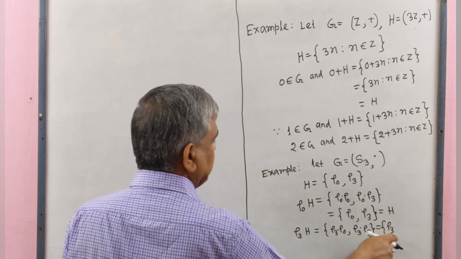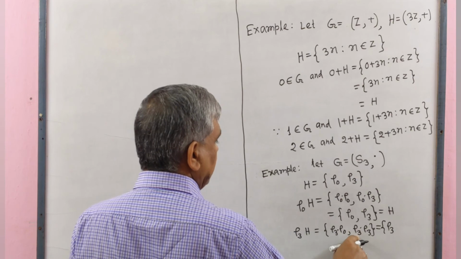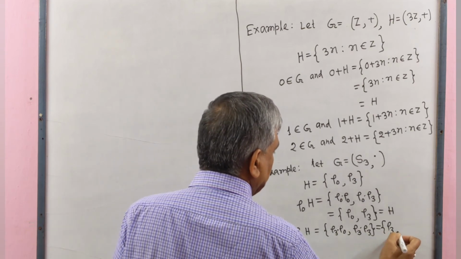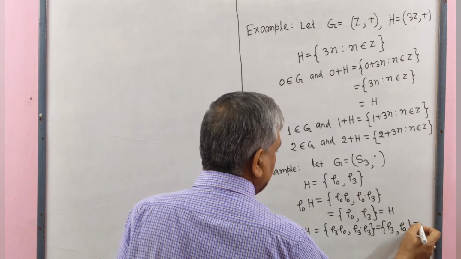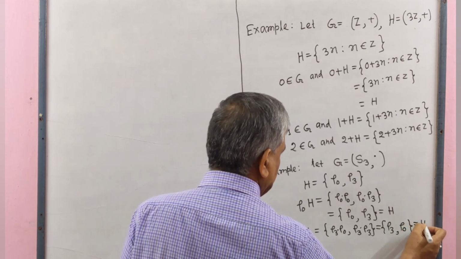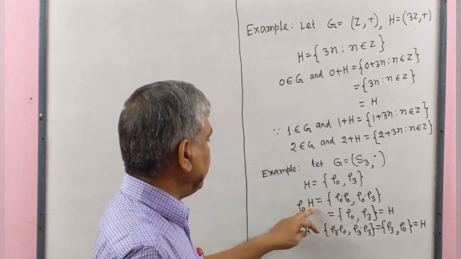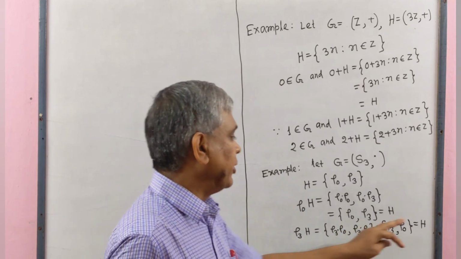Rho 3 rho 0 means rho 3, and rho 3 square: rho 3 is of 2 cycle, so we get identity permutation rho 0, and this is also H. So we get left coset rho 0 H equal to H, left coset rho 3 H equal to H.